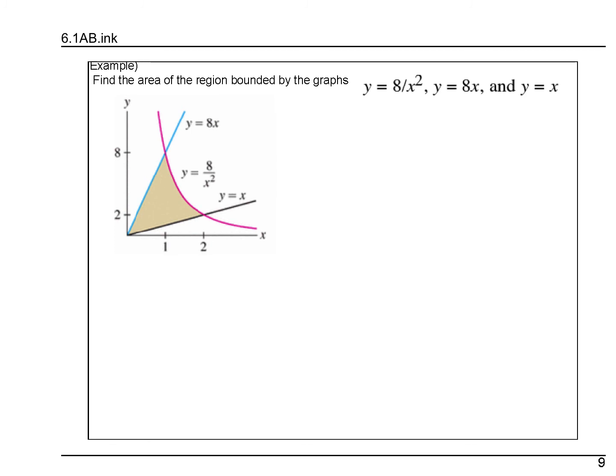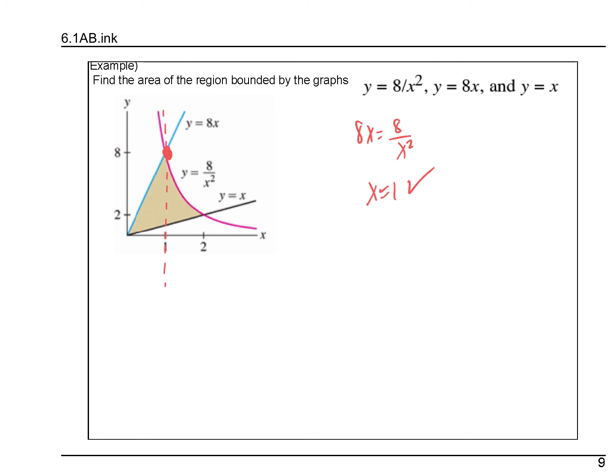So what you would do is split the function where y equals 8x and y equals 8 over x squared intersect, because you want to be finding the area between 2 lines, and you can't do 3. To find where it intersects, you set them equal to each other, 8x equals 8 over x squared, and then you would get x equals 1.